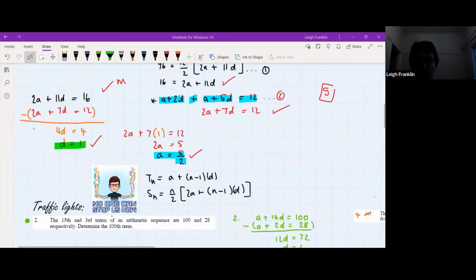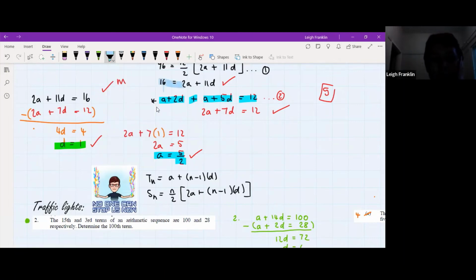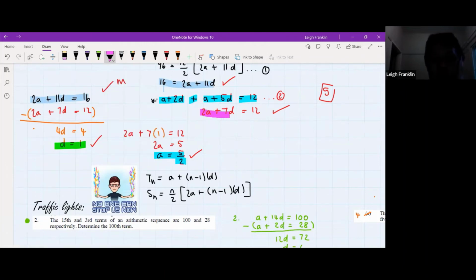So once I had established my 2 equations, this one over here, the one that I wrote in black, I'm just going to highlight it in a different color. So that's this one here. This equation here, I wrote there. Then this equation that I wrote in red, I wrote underneath.